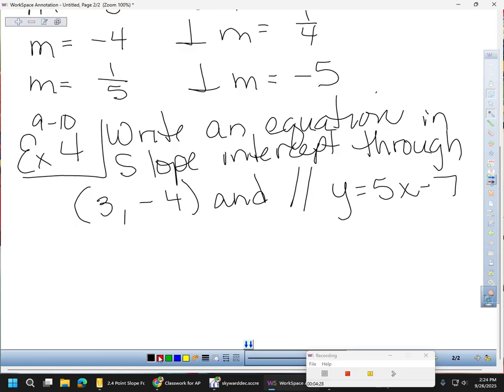So the slope in that equation is 5, which means the parallel slope is 5. Exactly. It's going to be the same thing. Your parallel slope is also 5.